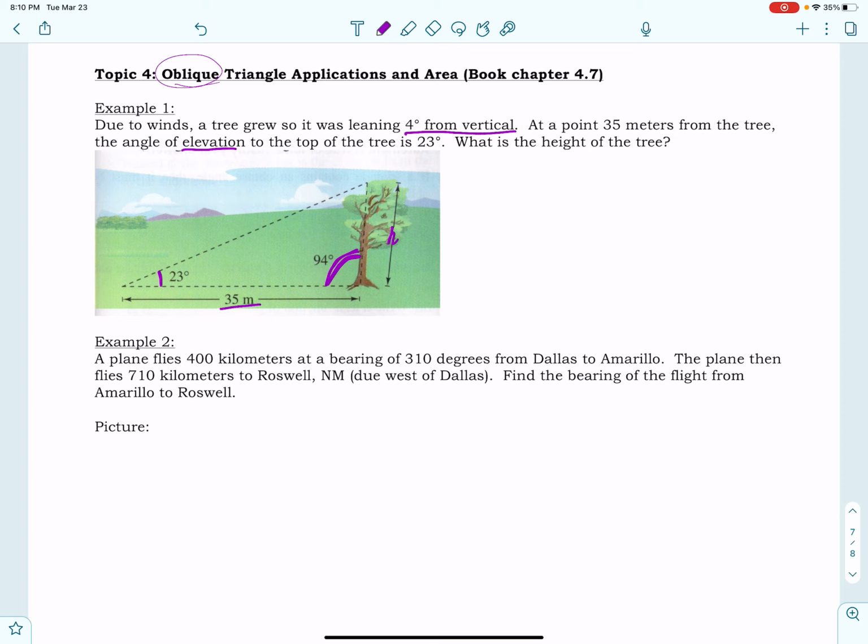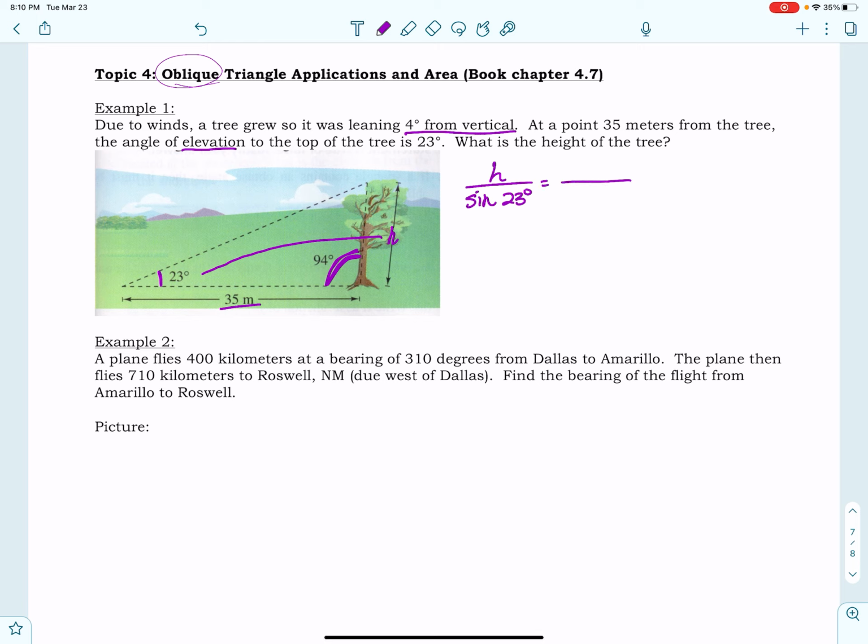So of course we need to find the height. Well, if you'll notice, I can use the law of sines. You can use height over the sine of the angle opposite it, which is 23 degrees.